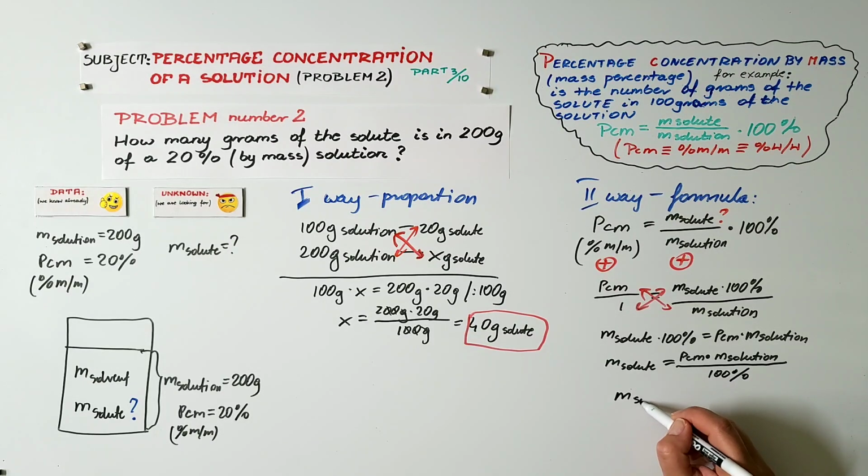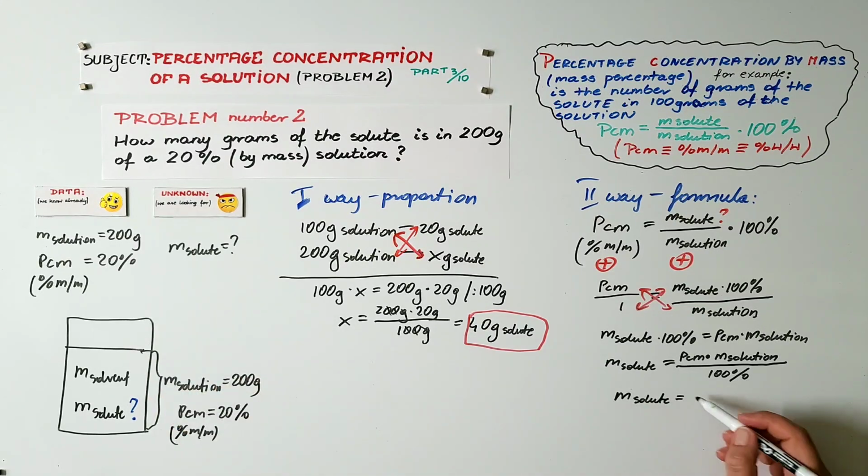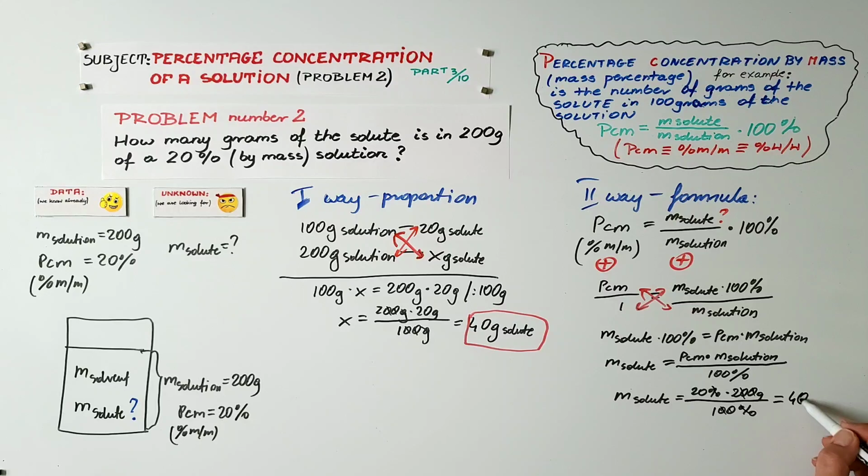So mass of solute in our case is 20% times mass of solution 200 grams over 100% equals 40 grams solute. Of course, same answer.